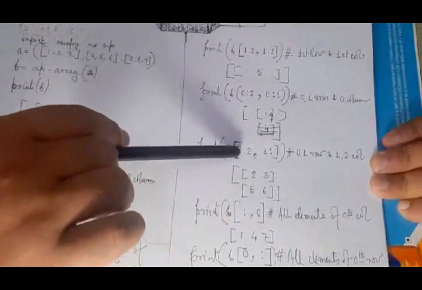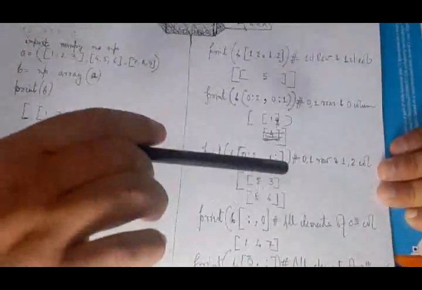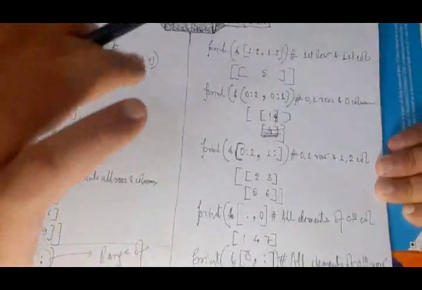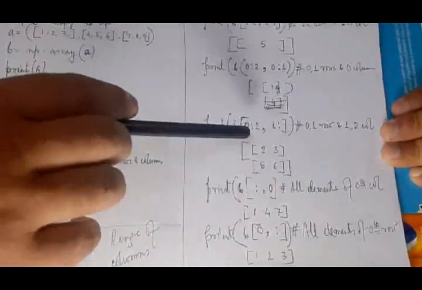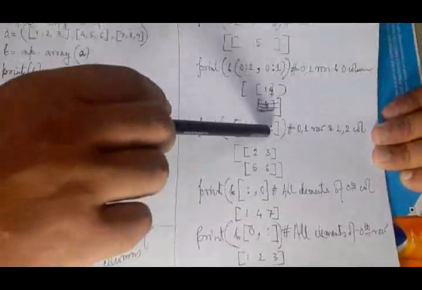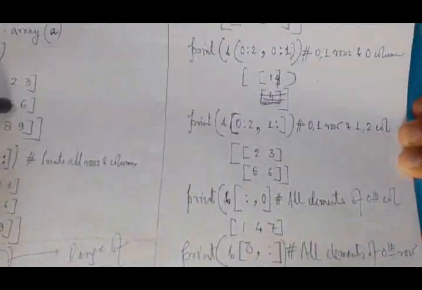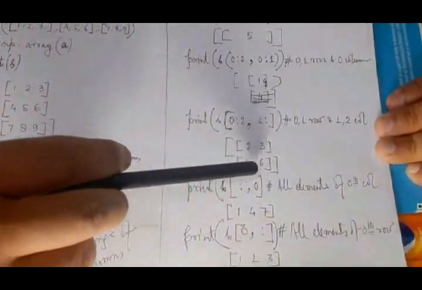So rows of 0 index and 1 index, and columns from index 1 to the last column. So 0 index and 1 index rows, and column 1 index to last. So these values will be printed: 2, 3, 5, 6.